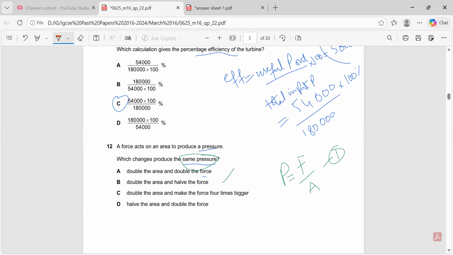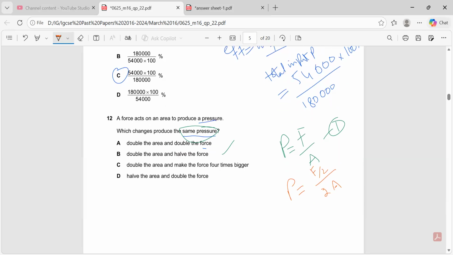Now pressure is equal to, with double the area, 2A, and half the force, F over 2. If I calculate it, pressure becomes F over 4A. That is not equal to the original, so it cannot be the answer.